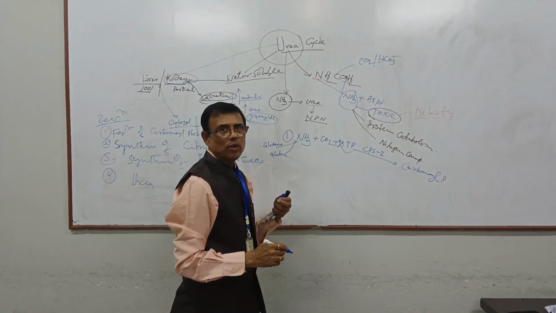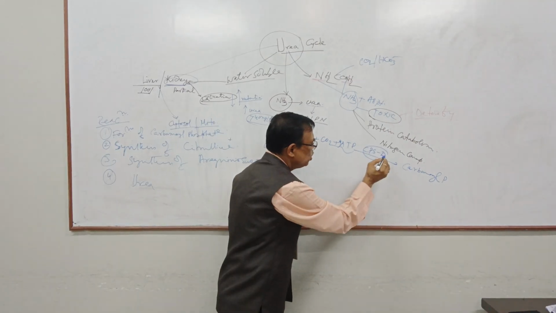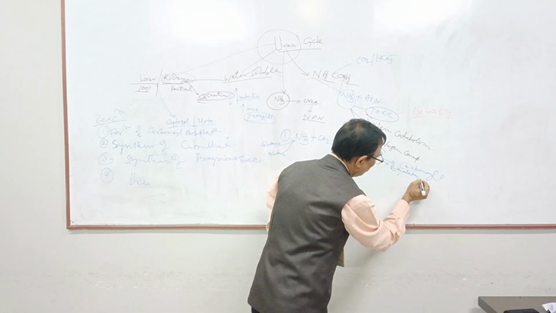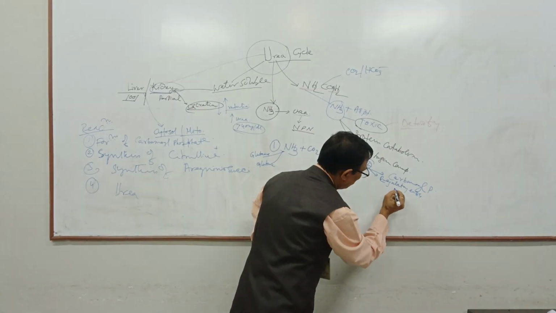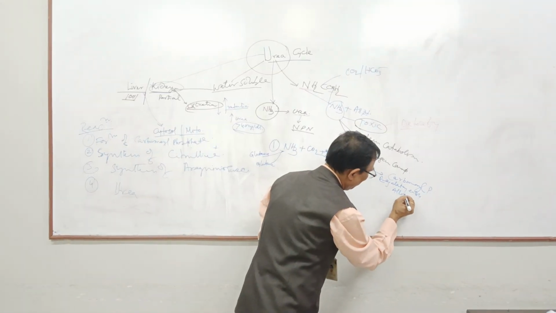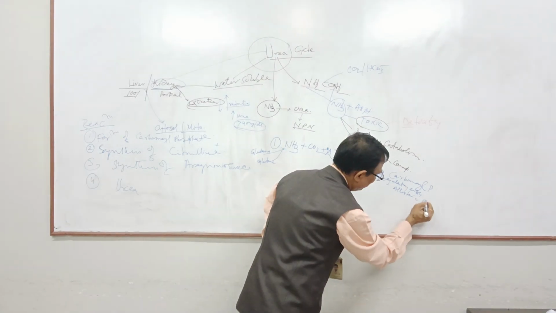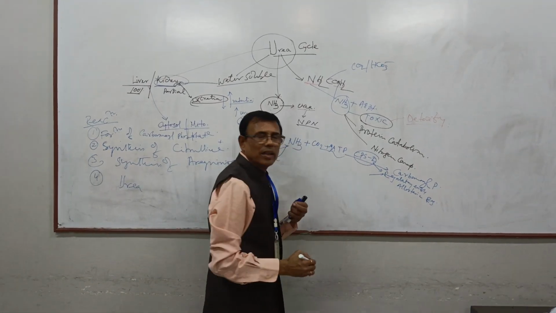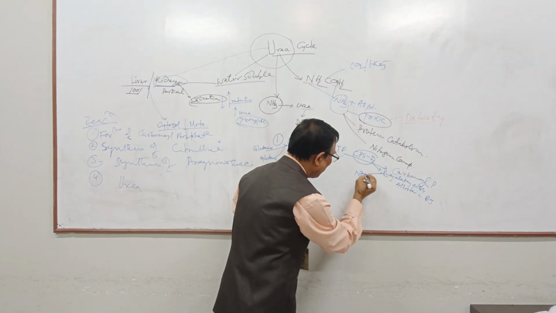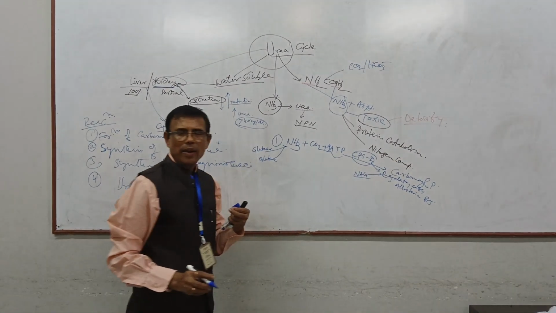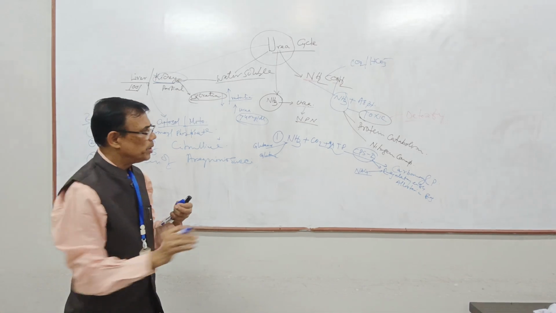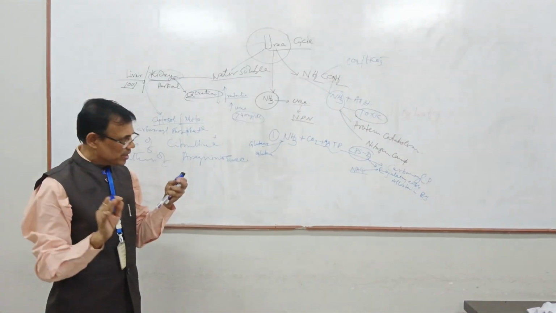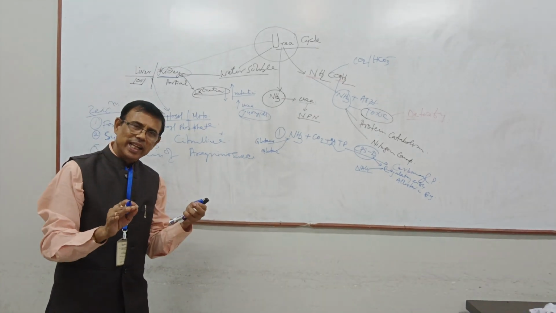This enzyme is your regulatory enzyme, and the regulation is allosteric regulation. The regulator is N-acetyl glutamate, an activator. This is a very crucial step of the urea cycle, and it always takes place in the mitochondria.